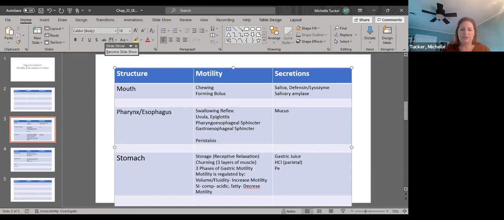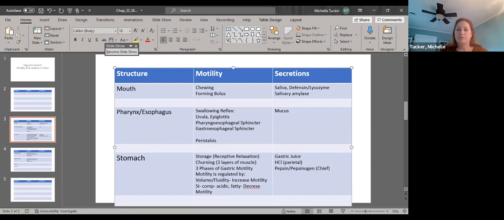Pepsin, so I'm going to put pepsin, but it's really pepsinogen, I'll put both, just so you remember. So the chief cells are going to secrete pepsinogen, which then gets clipped and activated further up, and the hydrochloric acid will help with that.